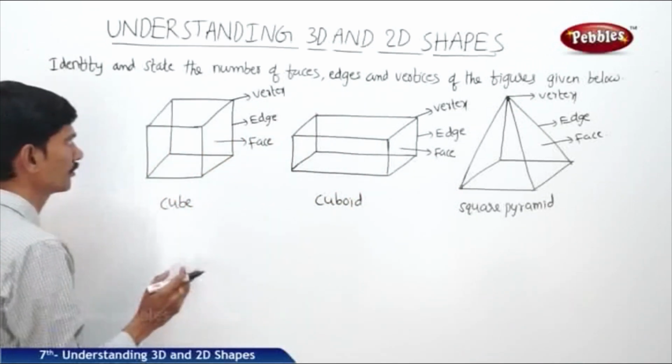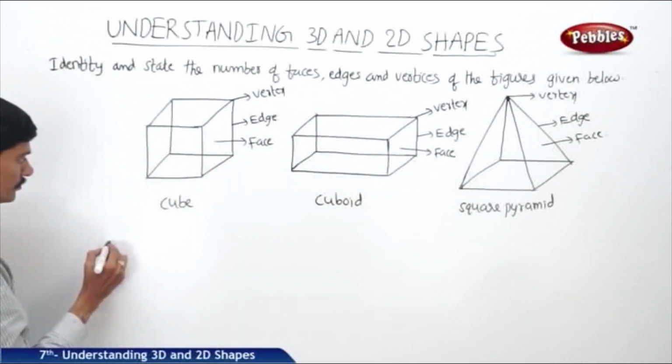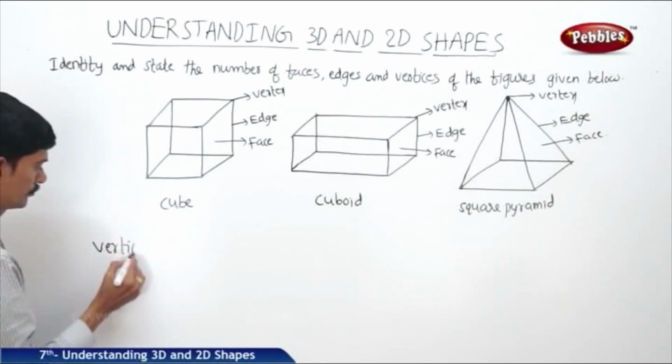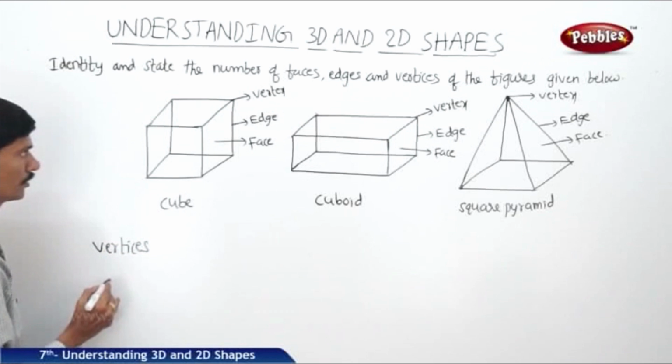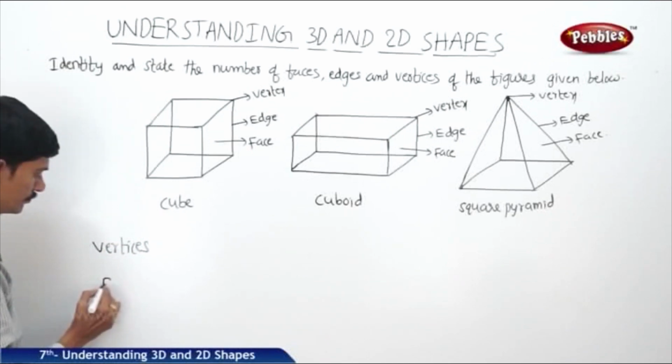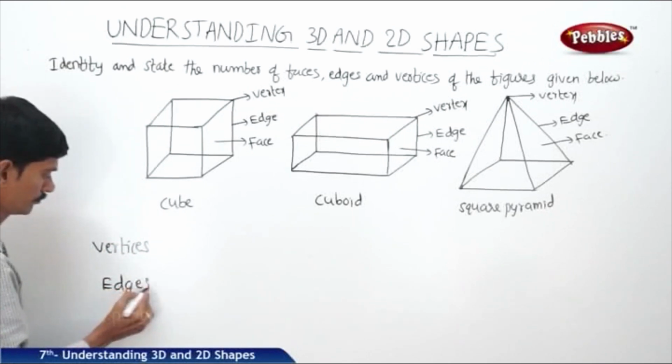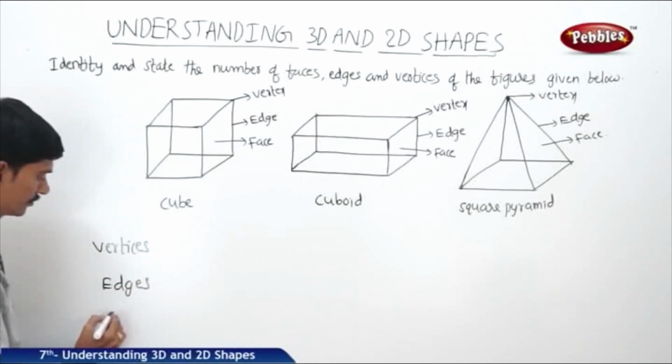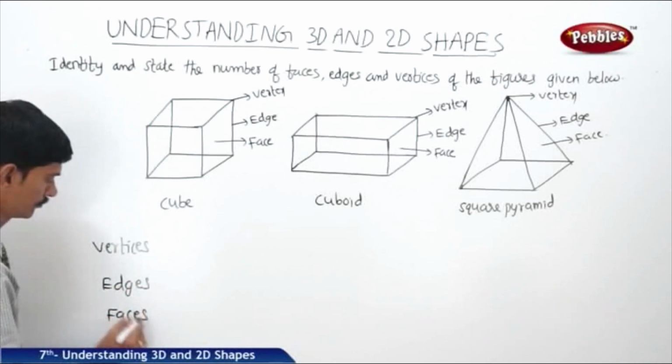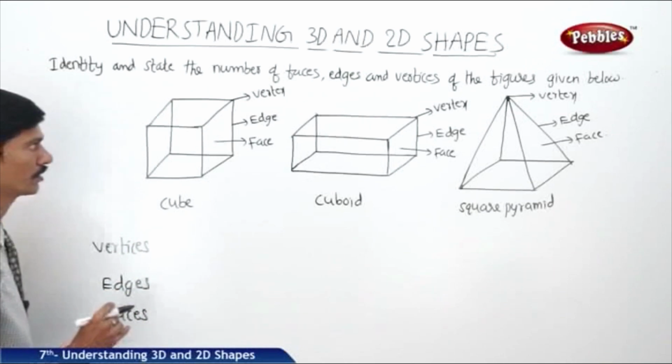Now let us find the number of vertices and the number of edges and the number of faces for each of the following solid shapes.